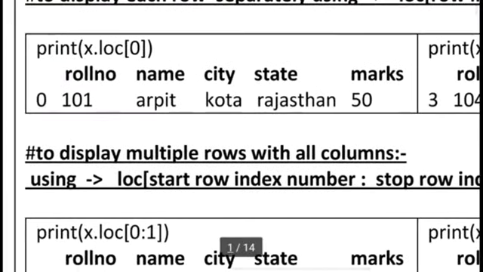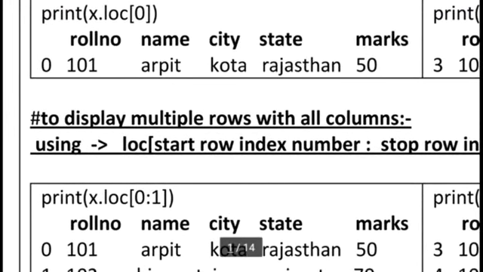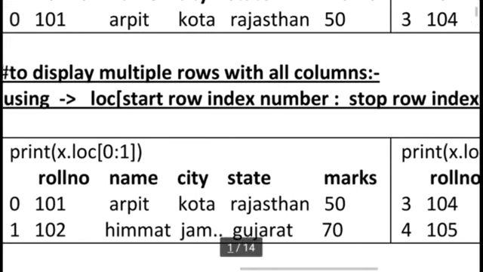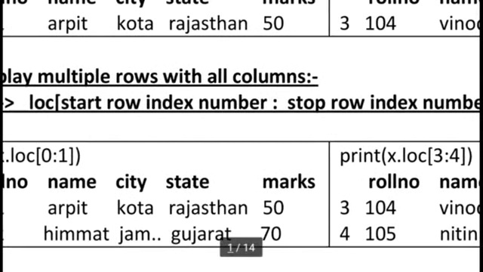Suppose I want to display multiple rows with all columns. The loc method can do multiple things. We can use it just like a slice operation, meaning start row index colon stop row index number. This is simple, meaning where to start and where to stop. Here one most important thing: stop is never one less. In NumPy and in range and arange, you already noticed the stop value is always one less.